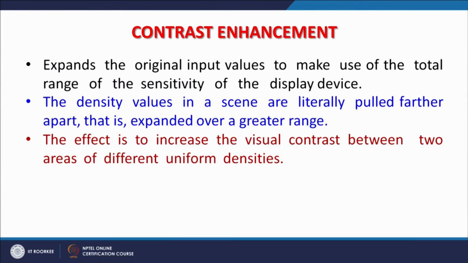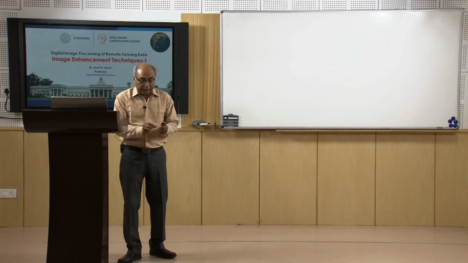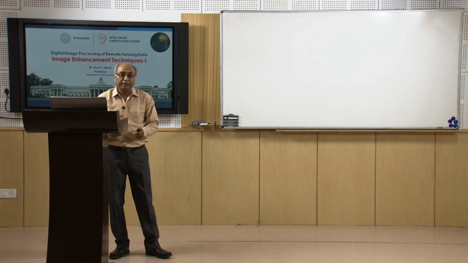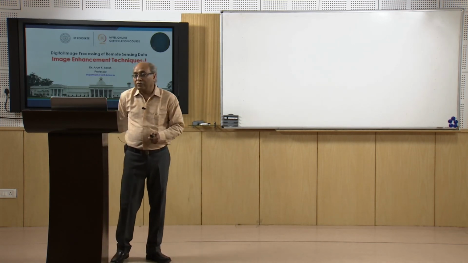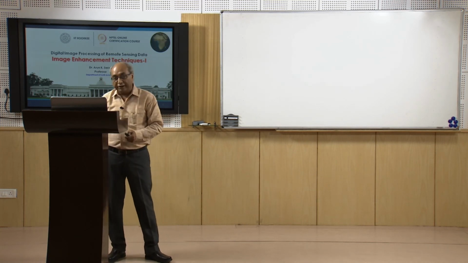The effect is to increase the visual contrast between two areas of different uniform density, and this enables the analyst to discriminate easily between areas initially having a small difference in density. So the difference in values between two adjacent areas or two adjacent pixels becomes larger, and therefore the contrast improves.